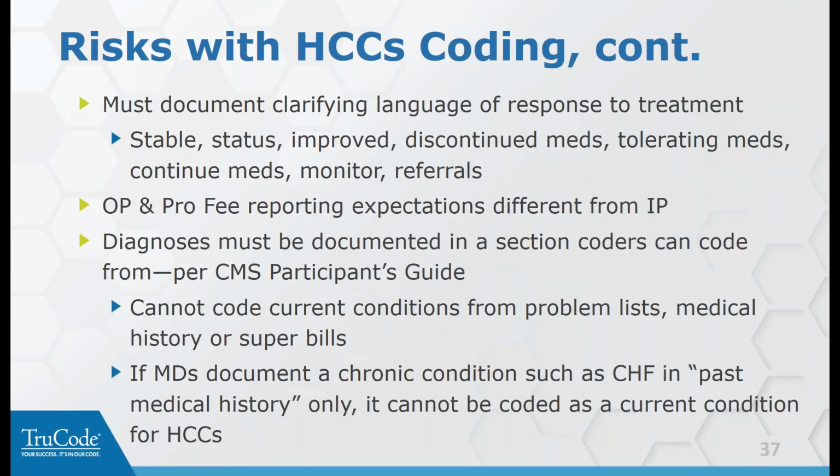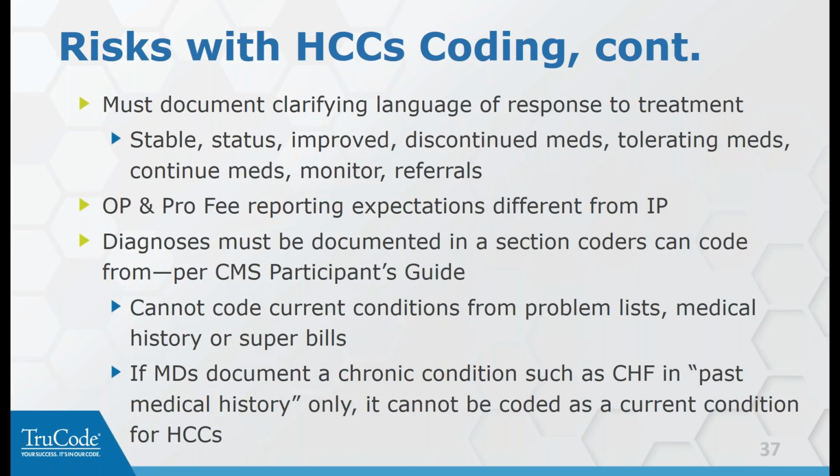We also have some things in that participant's guide that are a little bit different to worry about. It has to be a diagnosis that's documented in a section that the coder can code from. For example, that participant's guide says that they can't code from a problem list. Hopefully most hospitals aren't doing that anyway, but I don't know about what physician offices might be doing. They can't code from a medical history, past medical history section, can't code from a super bill.